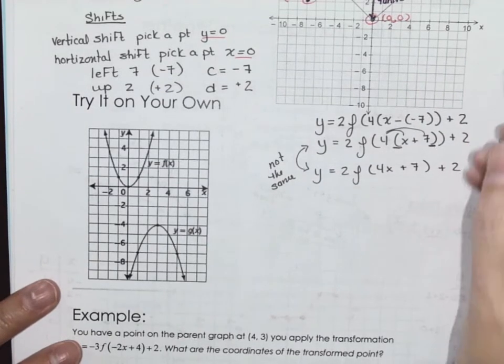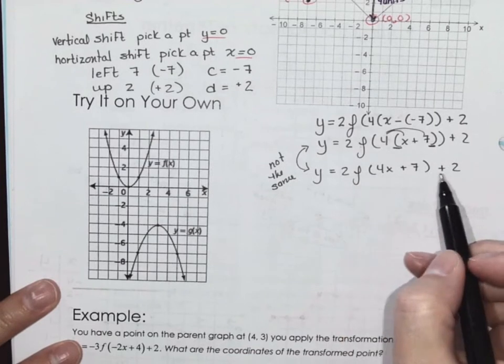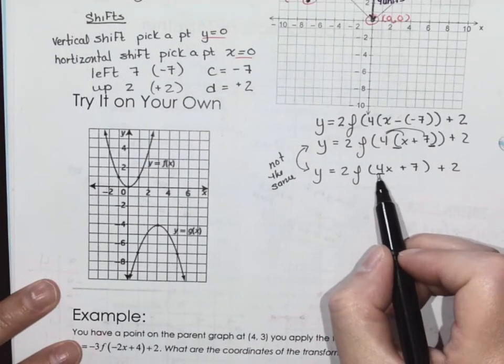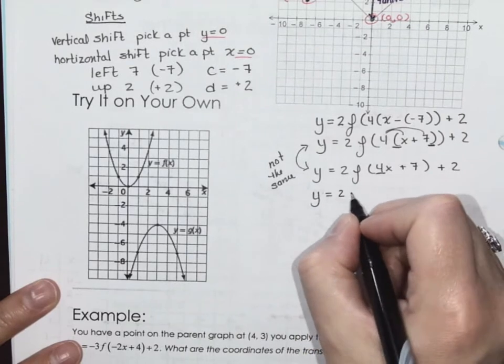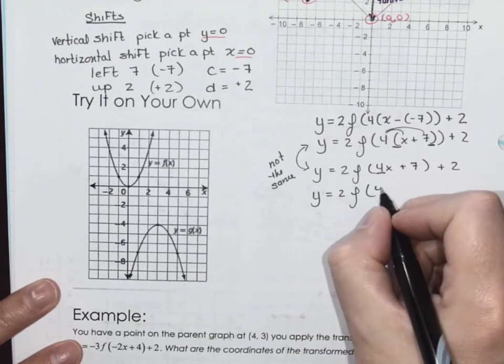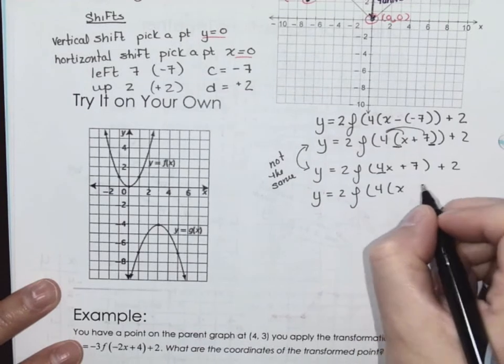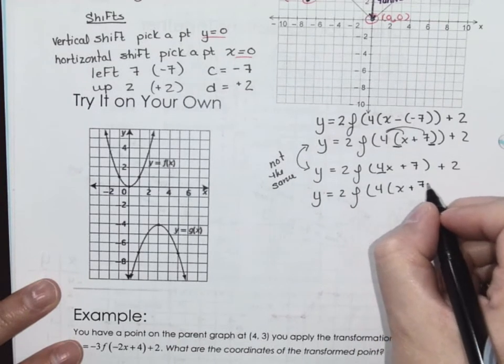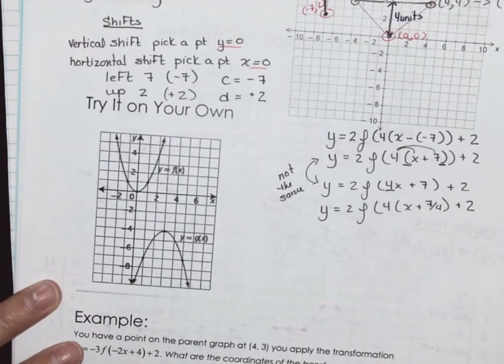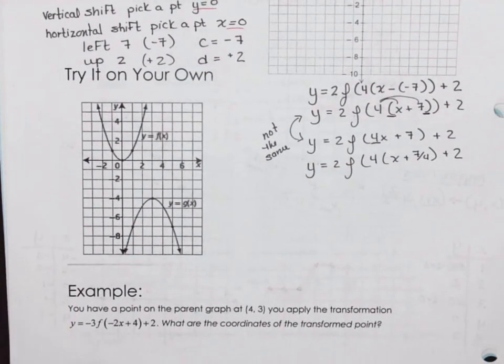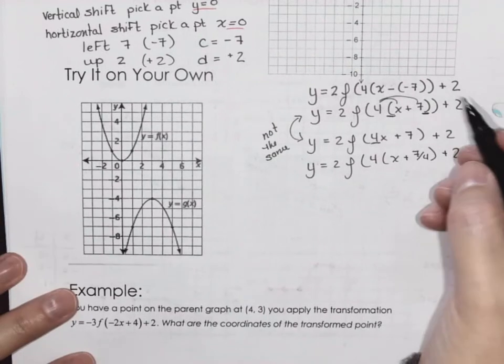Because that 4 would have to leapfrog in, and that one would be a 28, right? So if I gave it to you like this, you're going to have to common factor that 4 out, which would be 2f, 4 bracket x plus 7 over 4, plus 2. Very different now, all of a sudden. So this and this are not the same thing. If I give it to you like this, you have to common factor that 4 out.